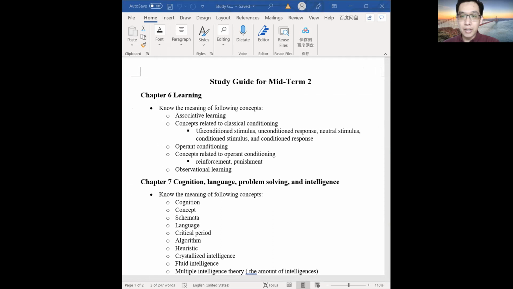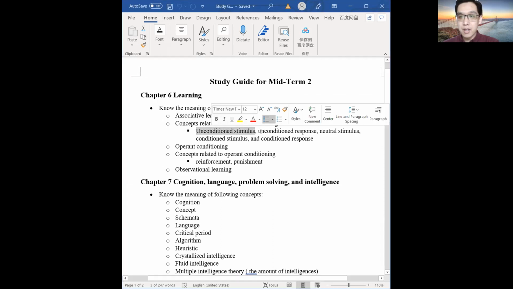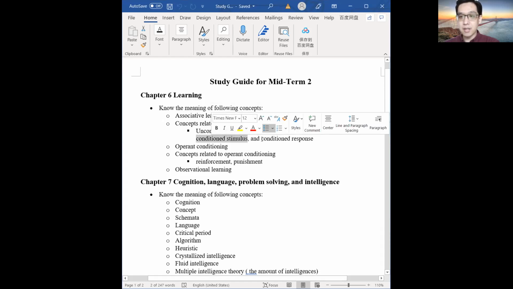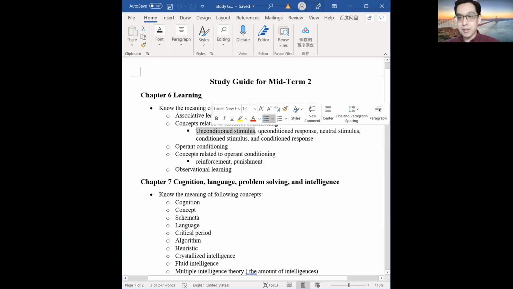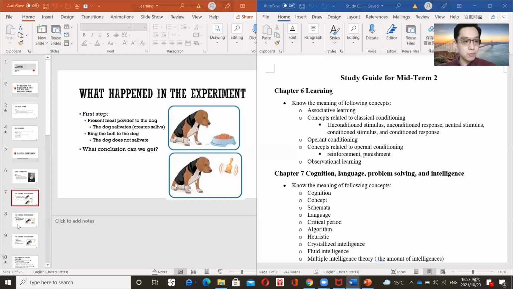For example, unconditioned stimulus, unconditioned response, neutral stimulus, conditioned stimulus, and conditioned response. We must know what those are.